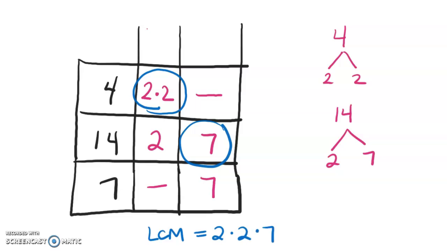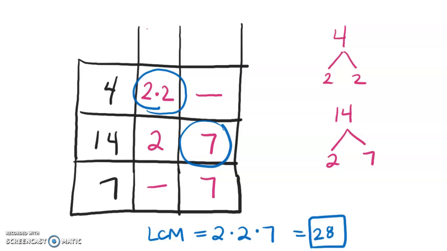So I'm going to write that. So 2 times 2 times 7 would be equal to 28. And that ends up being the number that I chose. And we'll look at this again when we do some more problems. But this is how you can find the least common multiple instead of writing out all of those multiples.